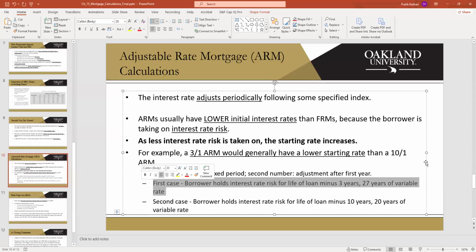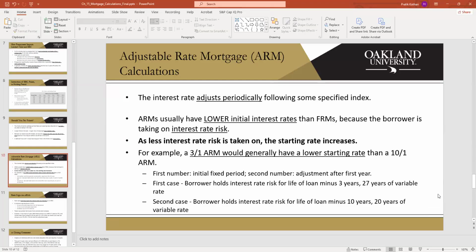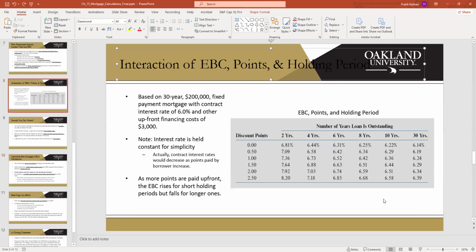Sorry, in the first case, the borrower has to take more interest rate risk of 27 years, so they get a lower rate. In the second case, the borrower has to take less interest rate risk, so they get a higher rate compared to the first one. Okay, and that's how ARM calculations essentially work.